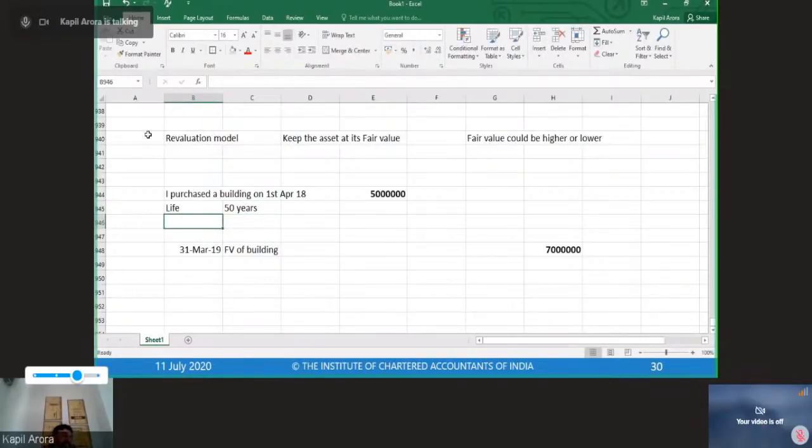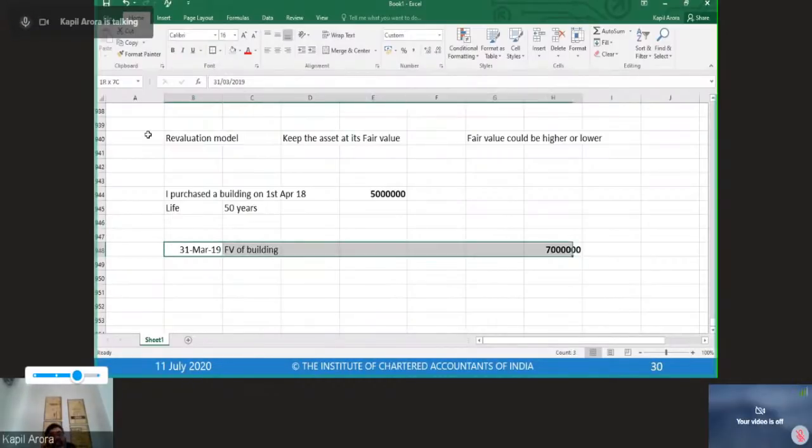Now, when this is the case, if company has to follow a revaluation model, on 31st March 19, they have to keep the asset value at 70 lakhs. So what to do in this particular case?